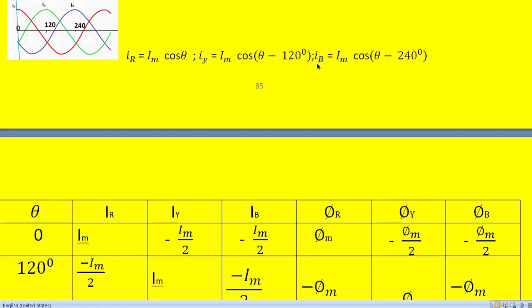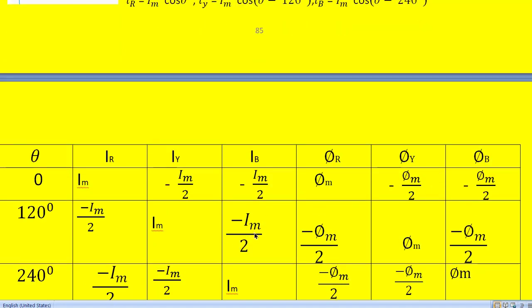So we get Ib value equal to minus 1 by 2 into Im. The meaning of this is that the Ib value at 120 degrees is negative and its magnitude is only half the maximum current. So that we can see here. Ib at 120 degrees has a value of only Im by 2, and its direction is negative. That is what we can see here.